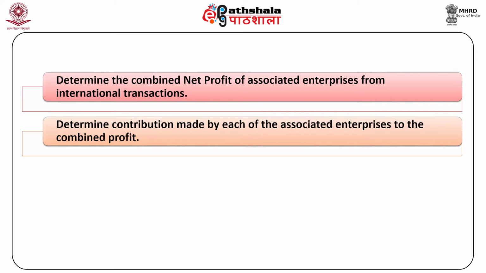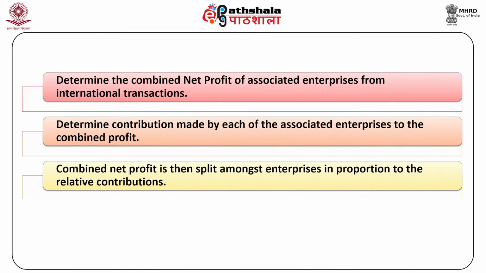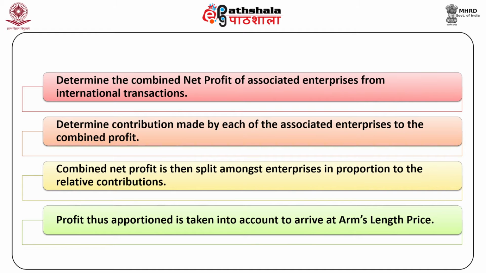That is, contribution on the basis of functions performed, assets employed, risk undertaken, and on the basis of data, how such contribution will be evaluated by unrelated enterprises. The third, combined net profit is then split among enterprises in proportion to the relative contributions. The fourth, profit thus apportioned is taken into account to arrive at the arm's length price.